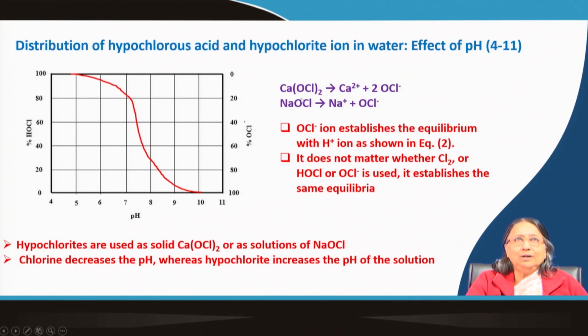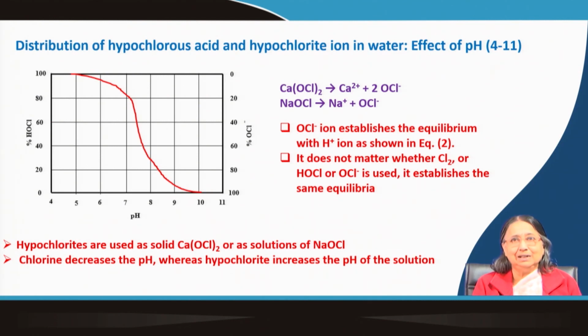So, what will be the pH effect? That is again dependent on the equilibrium. Okay. If you develop the equilibrium equation, you will see that because NaOCl is a salt of a weak acid, HOCl, and a strong base, NaOH. When such a salt is hydrolyzed, what will be the pH?